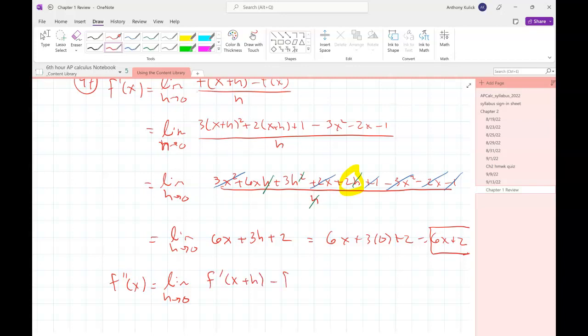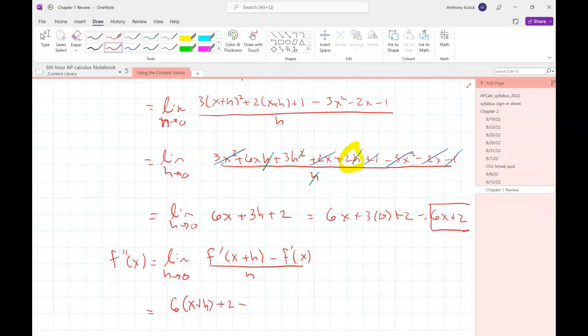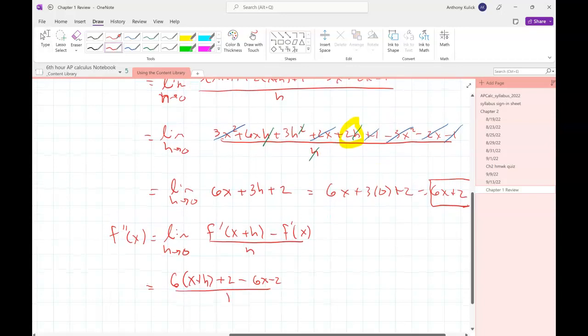The nice part is that everything gets a little bit simpler now, because the function that f prime is way less complicated than the function was for f, which I'm super excited about. So that's going to be 6 times x plus h plus 2 minus 6x minus 2, all over h. But what did I forget to write there?